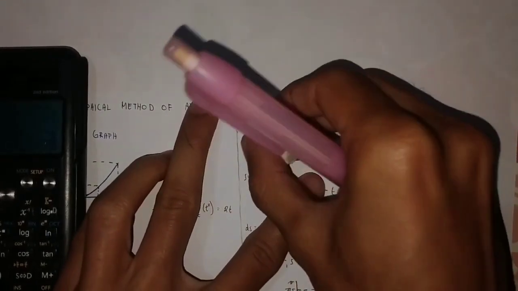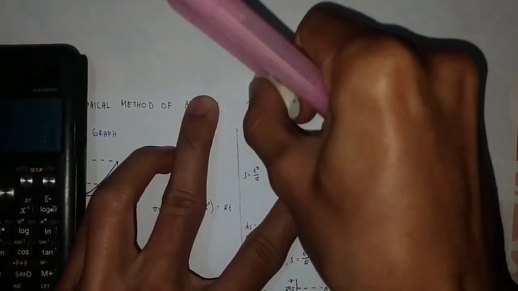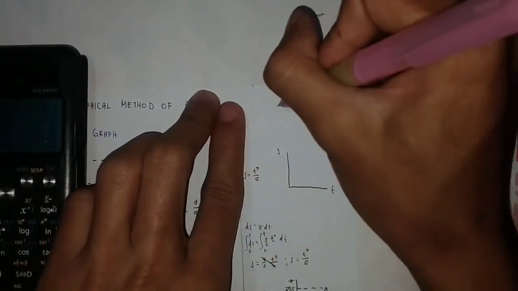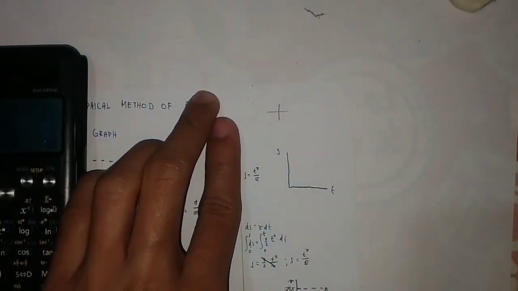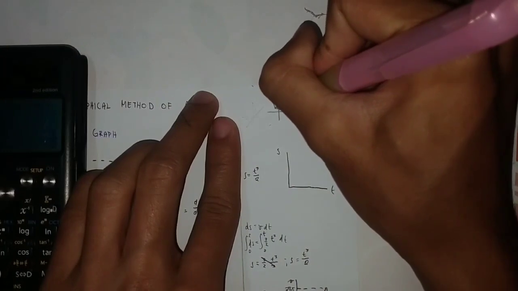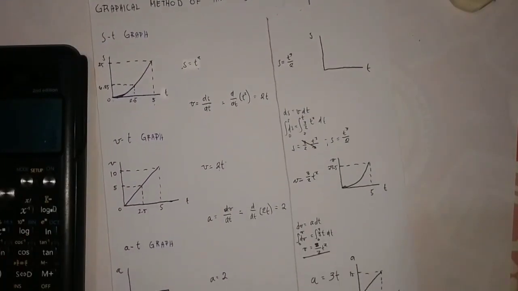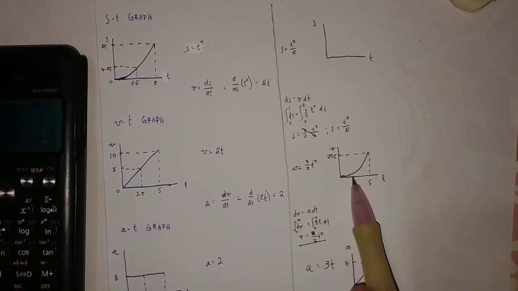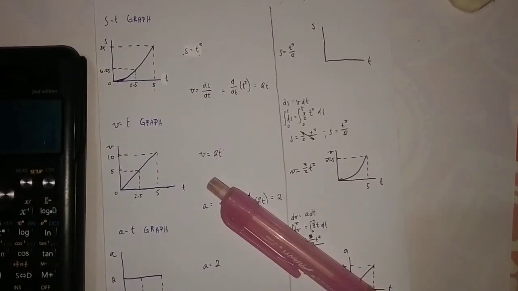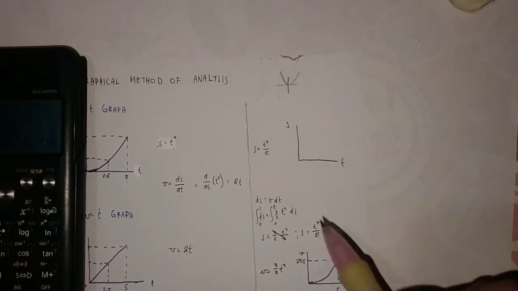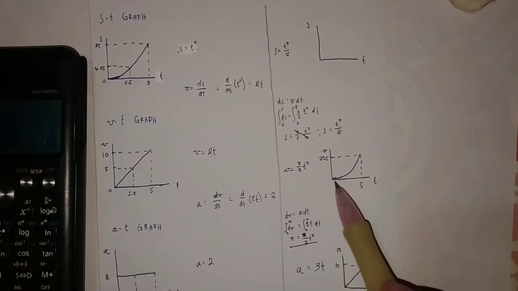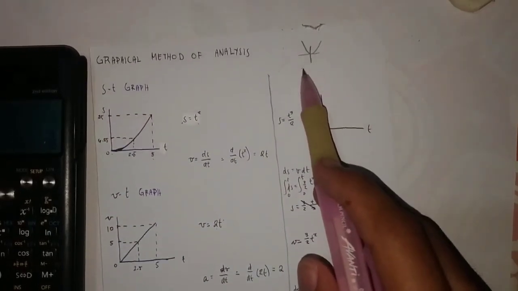And then, if this is our Cartesian plane, the graph of a square is a parabola. It's like that. However, as you can see here in our v-t graph, it's only half of the parabola.